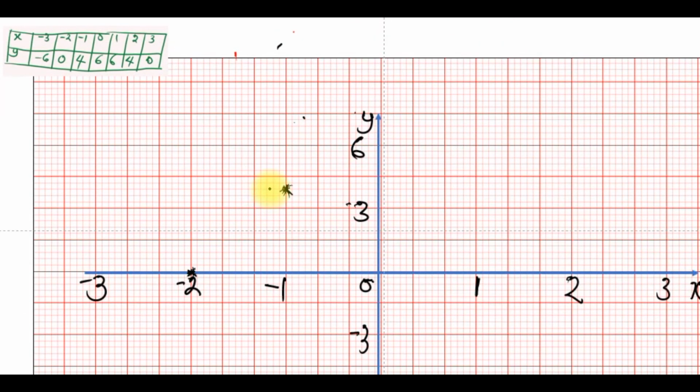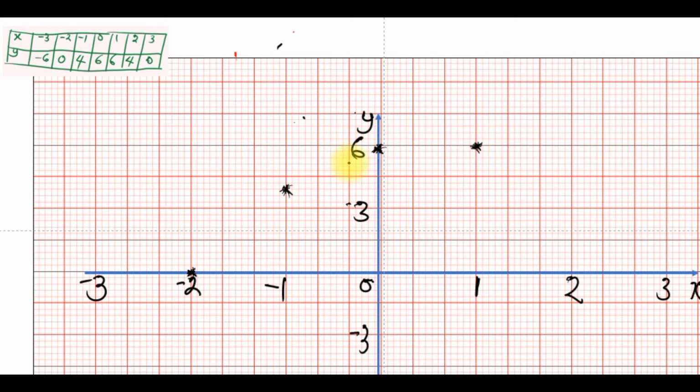The next one, when x is 0, y is 6. That should be on the axis. Again, when x is 1, y is 6. So this should be the point.